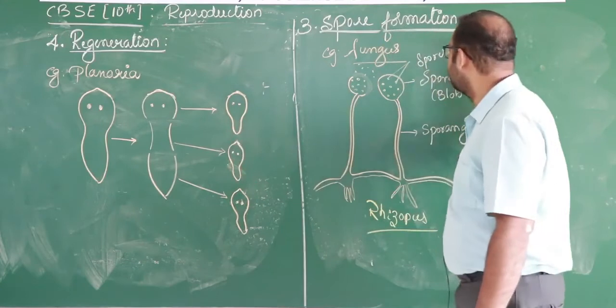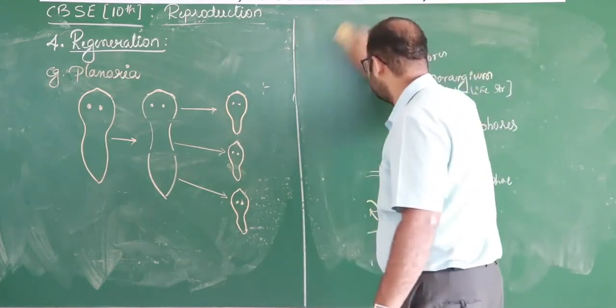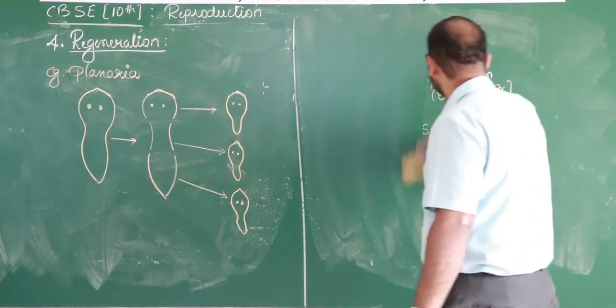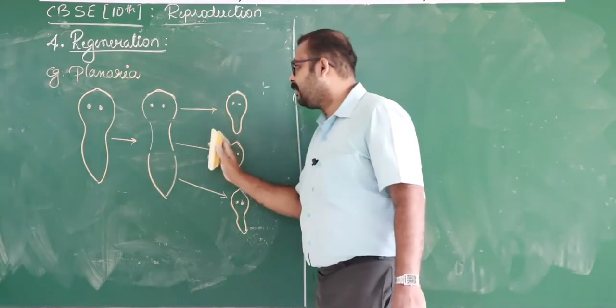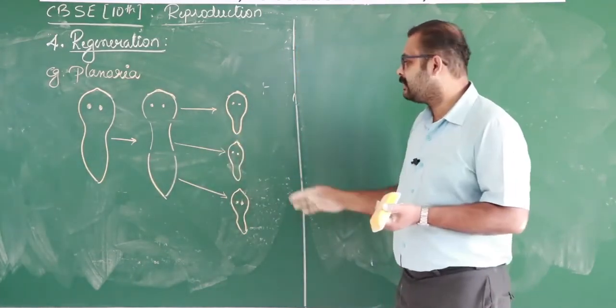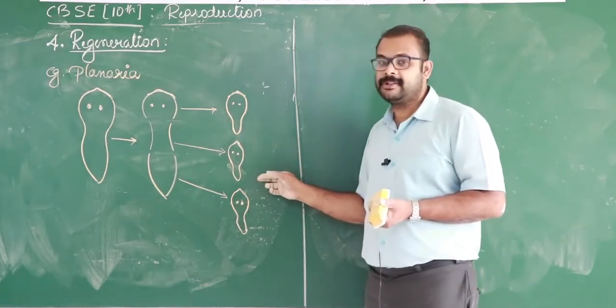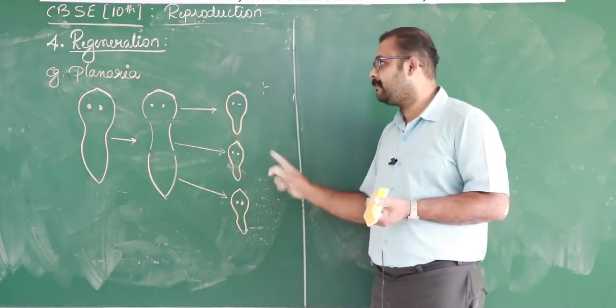Think about it and find the answer. If you get the answer, send a message on how this organism reproduces. Let me check how many of you know how planaria reproduces by another method if not by regeneration.